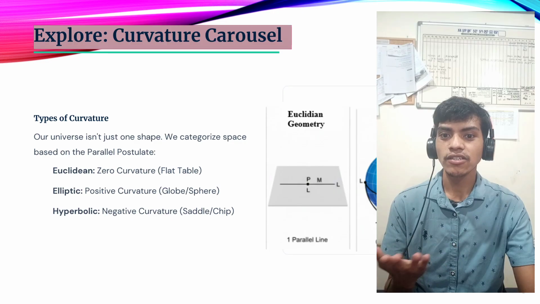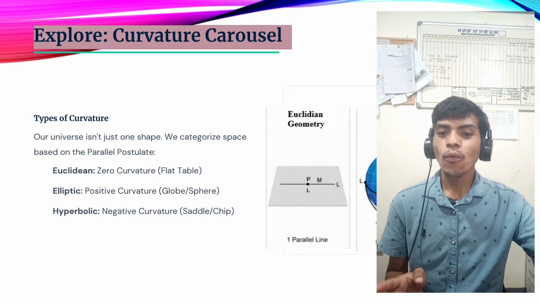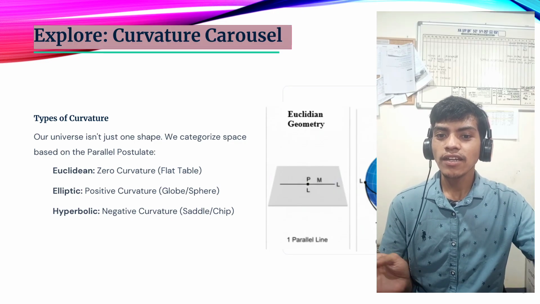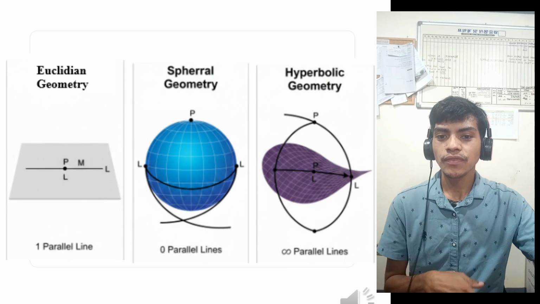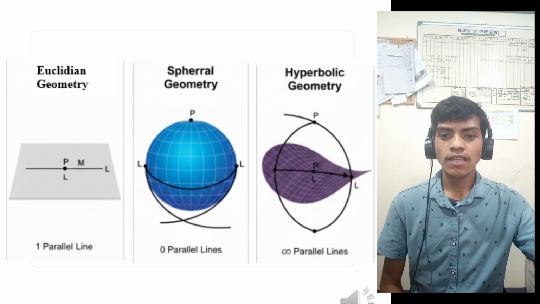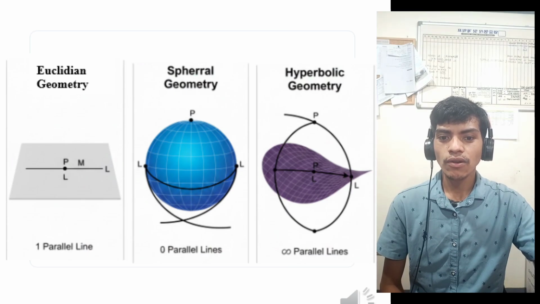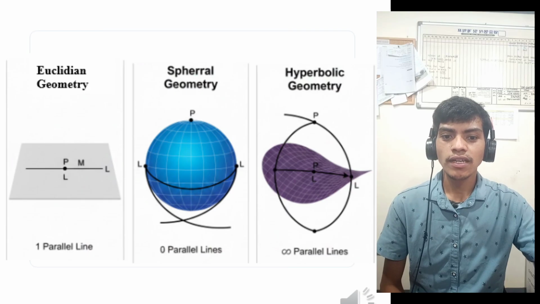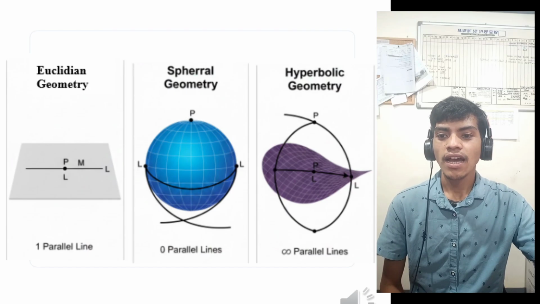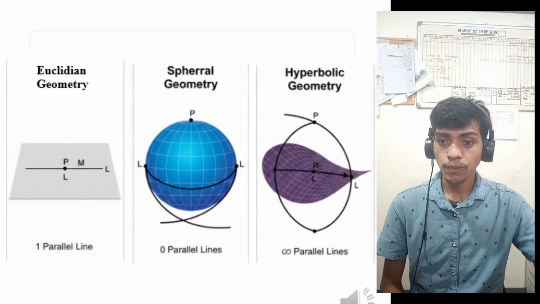In Euclidean geometry, when you draw a straight line in the center, it never curves. But in spherical geometry, on the globe, there are zero parallel lines because it curves. Then in hyperbolic geometry, there are many parallel lines because of the curvature of the saddle or chip.